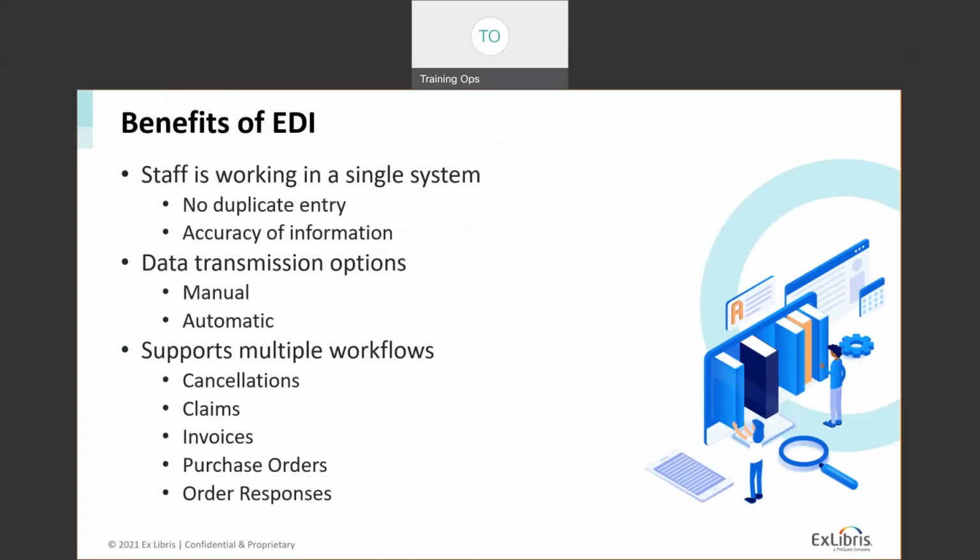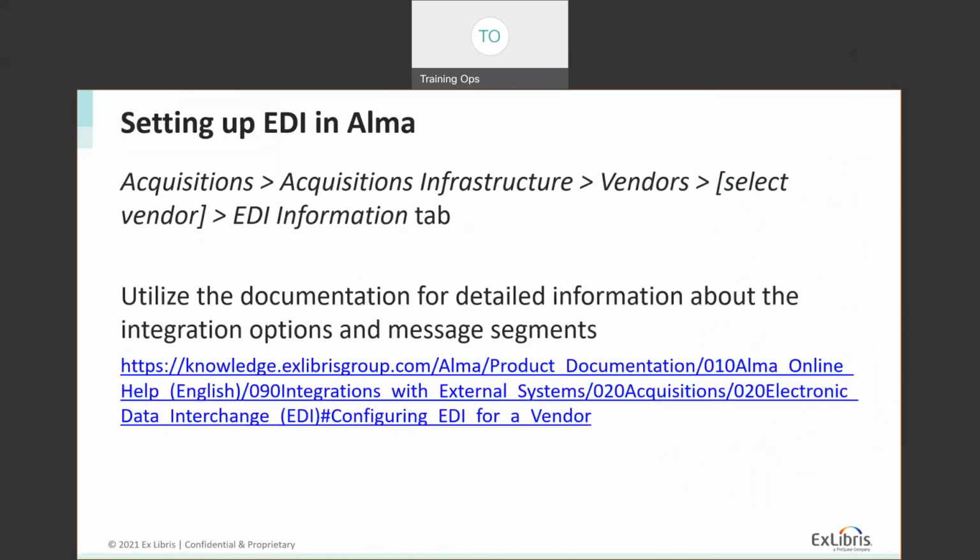Benefits of EDI are similar to embedded order data: you're working in a single system, no duplicate data entry, accuracy of information. Your data transmissions can be manual or automatic, and the different workflows that are supported are also, remember, dependent on the vendor. Where do you set up EDI settings?